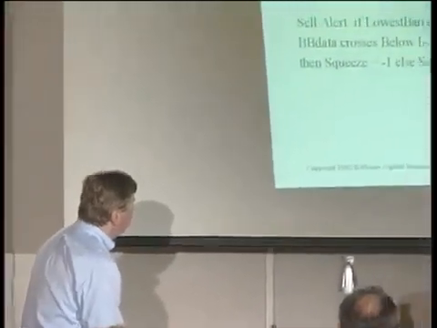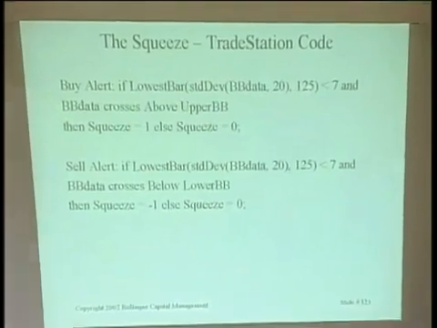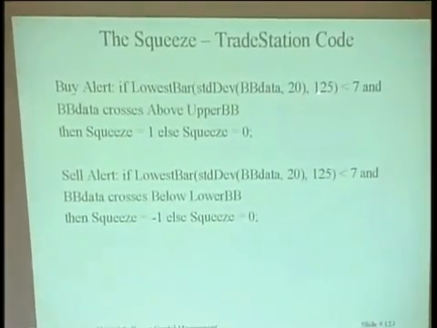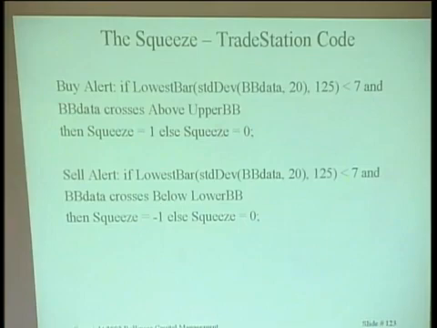If the lowest bar of standard deviation within the past 125 days, this is going to return the number of days that it is to the lowest bar. So if the lowest bar was a month ago, this will return 20.